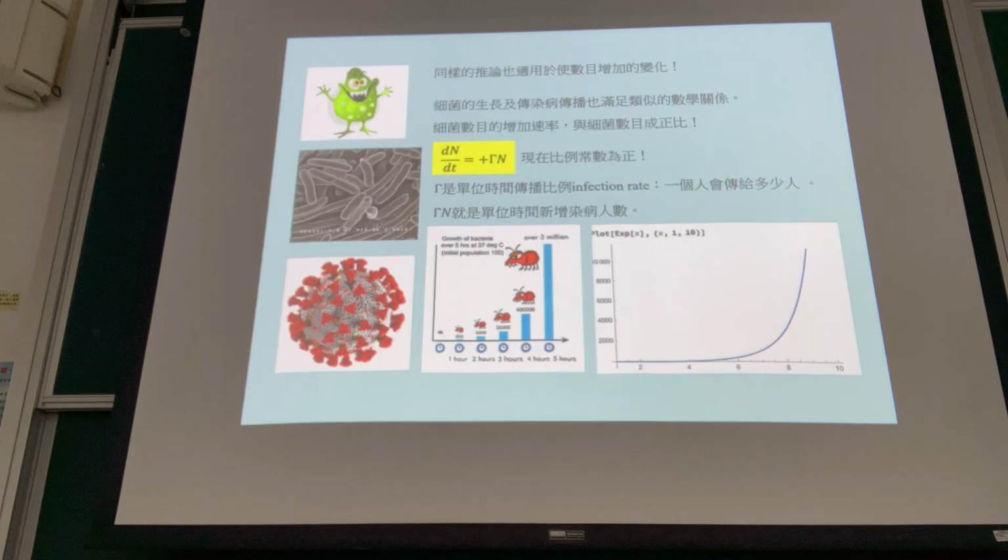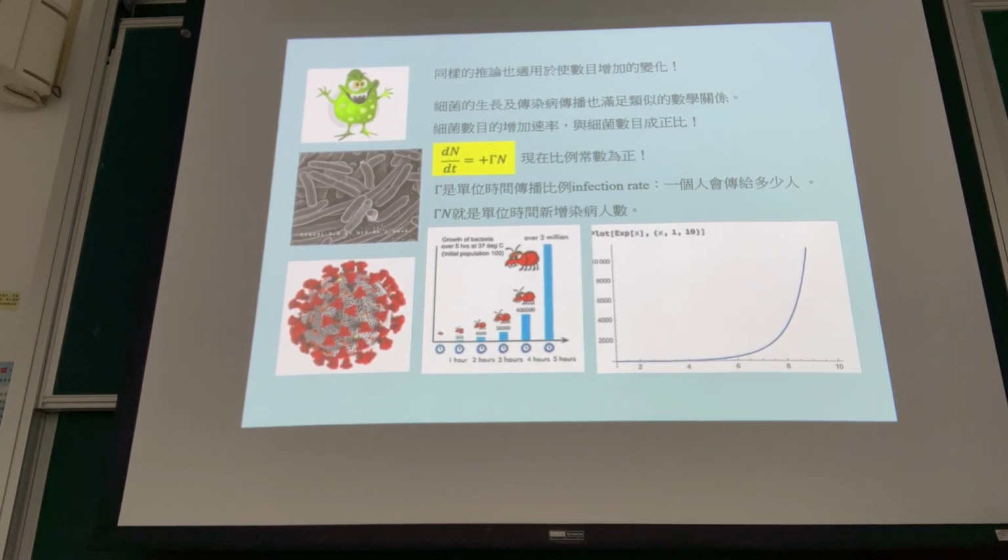Decay equation. Okay. This is actually the same kind of reasoning if the number is reversed. It means when we are talking about number increasing. The typical example is germ growth. Germs, COVID. COVID virus growth.